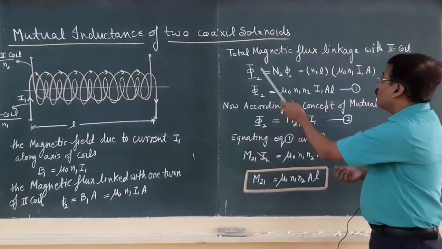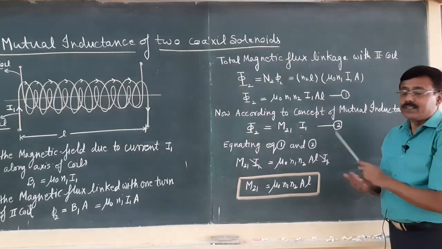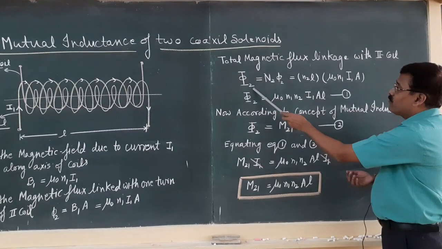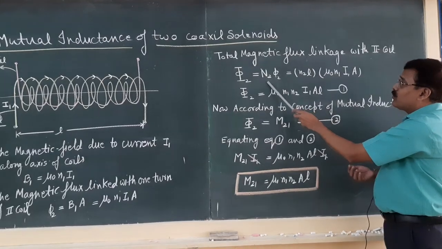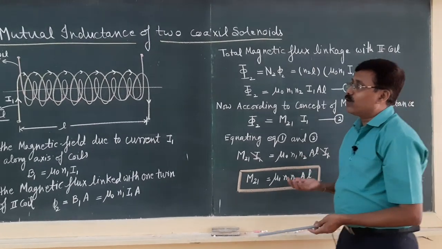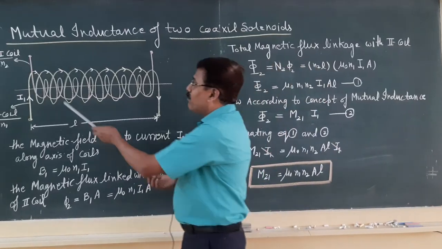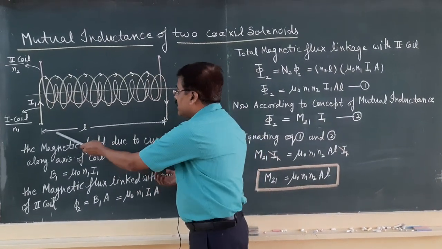So, what will be the total magnetic flux linkage with the second coil, the second solenoid? It will be phi 2 total = N2 phi 2. And what is N2? N2 is the total number of turns in the second solenoid. Here N2 is the number of turns per unit length in the second coil, and L is the length.